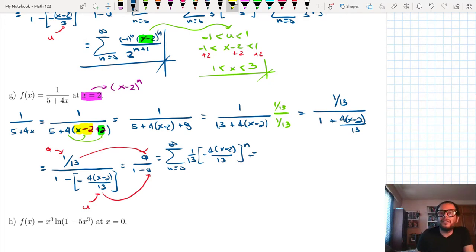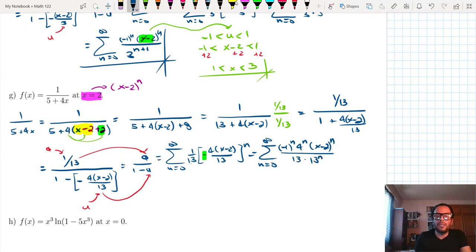Okay, let's simplify this by keeping in mind that negative is going to give rise to that so-called -1 to the n, that alternating factor, and then this is going to be 4 to the n, then x minus 2 to the n, and then in the denominator, I'm going to have a 13 here first, and then another 13 to the n power, the one that comes from expanding this.